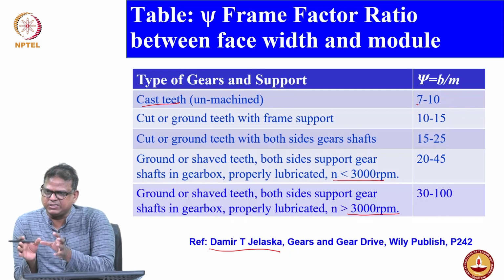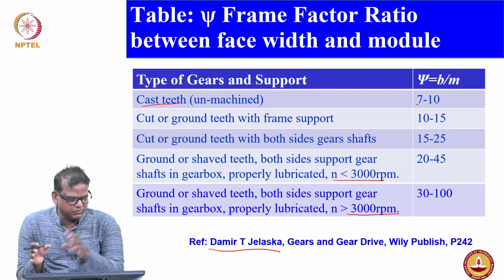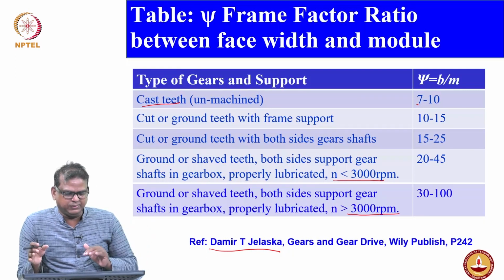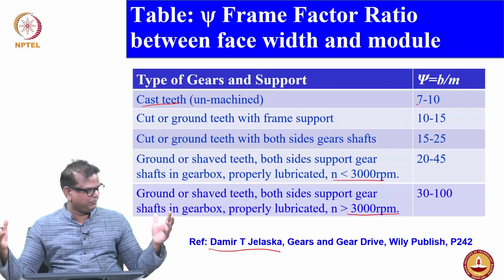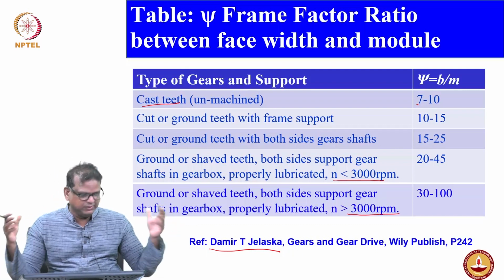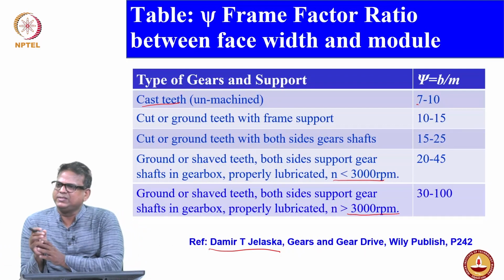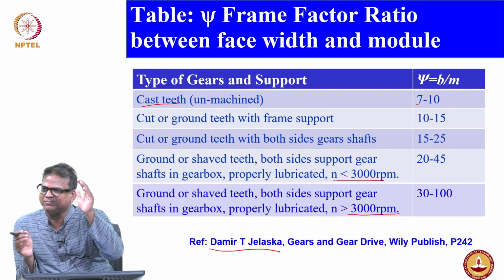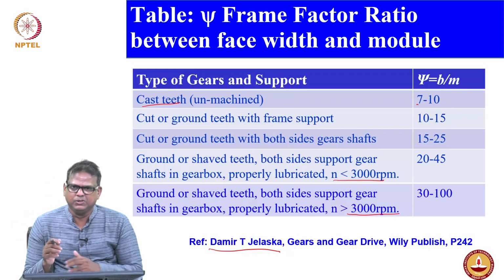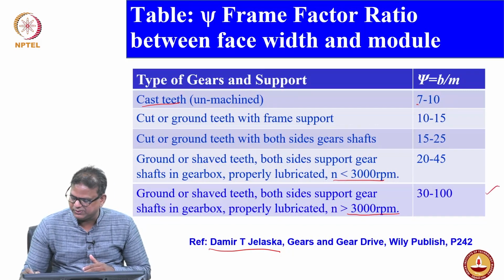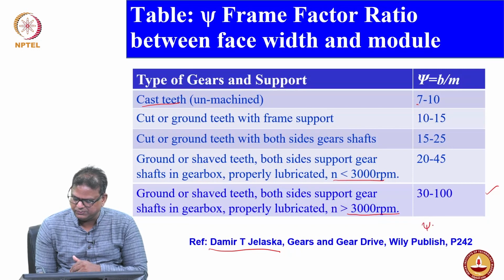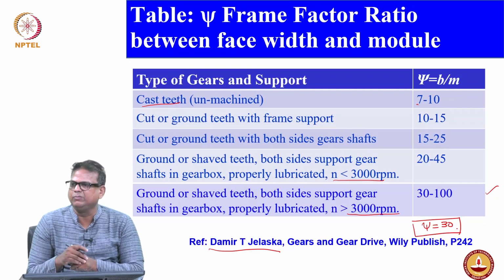We want smooth transmission, so obviously gears should be ground or shaved teeth, supported by bearings through shafts, properly lubricated. Speed of operation is 2000 rpm to 4000 rpm, so we should choose this one. Maybe I will choose the lowest value, psi equal to 30. That is the value I am choosing.